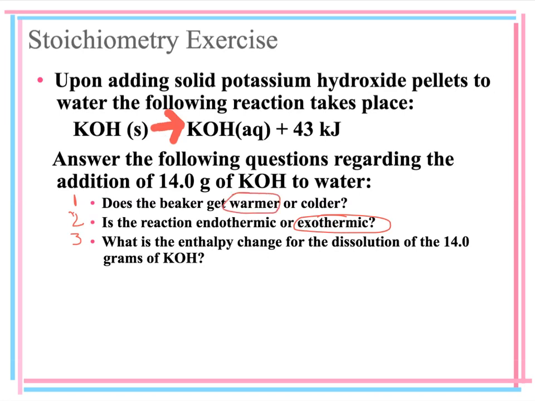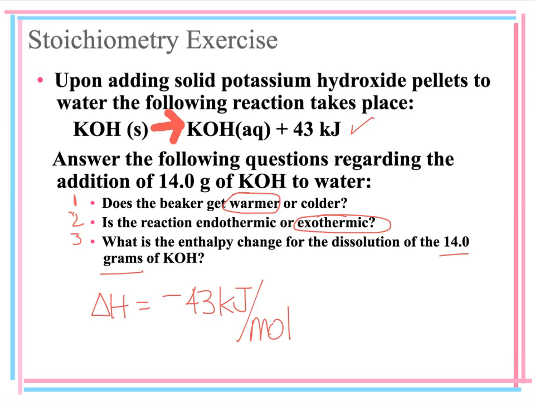Okay? So we've answered those two, but now it wants to know what is the actual enthalpy change if we only dissolved 14 grams. So what we have to remember is that this number right here is the same as our delta H. So our delta H is 43 kilojoules, but because we know it's exothermic, it's a negative 43 kilojoules, but that is kilojoules per 1 mole.